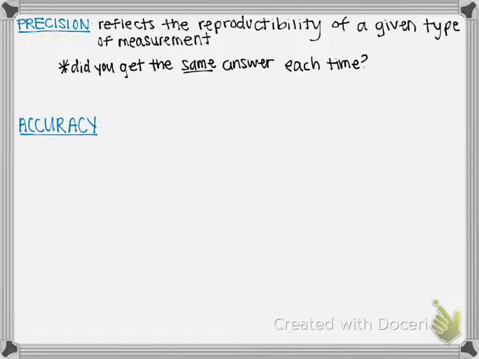So if you took some results, or you're gathering results, and you got the same answer each time, you could say that your results are precise. Accuracy reflects how close a group of measurements are to an accepted or the correct value.